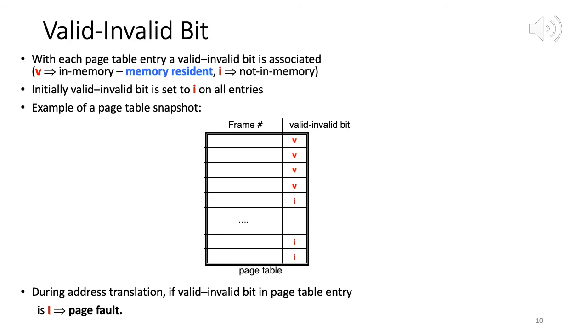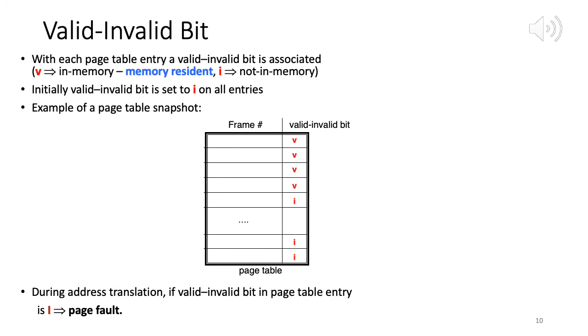Think about what happens when a process is running. During execution, some of the pages will be in memory, because they've been executed, and some will not. For pages in memory, the valid invalid value is V. For pages of that process not in memory, the value is I. We can do this using only one bit: 1 means the page is in memory, 0 means the page is on disk.